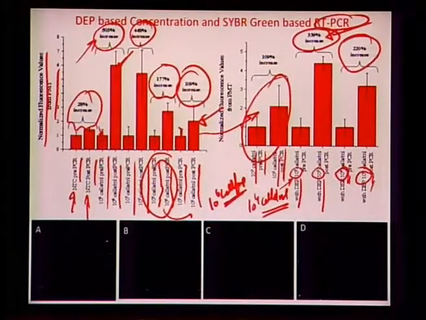So, DEP or dielectrophoresis has this additional effect of pre-concentrating the mixture, so that you can have a better signal. So, that is in a nutshell the effect of DEP on PCR processes when you are doing colony PCR on a particular chip.